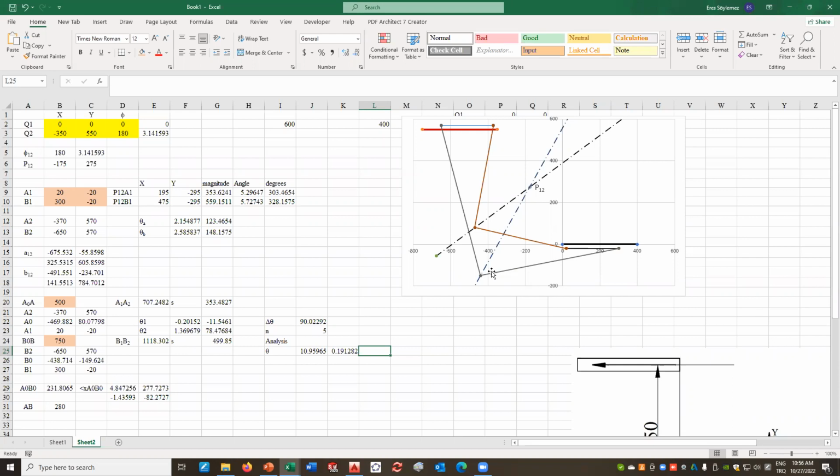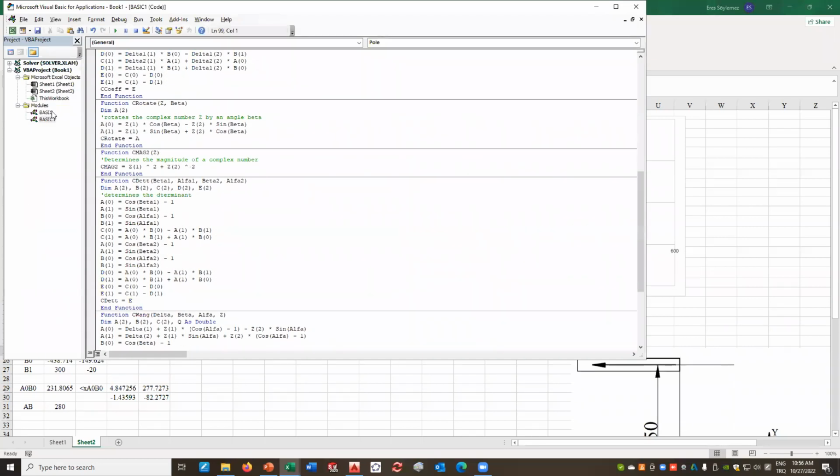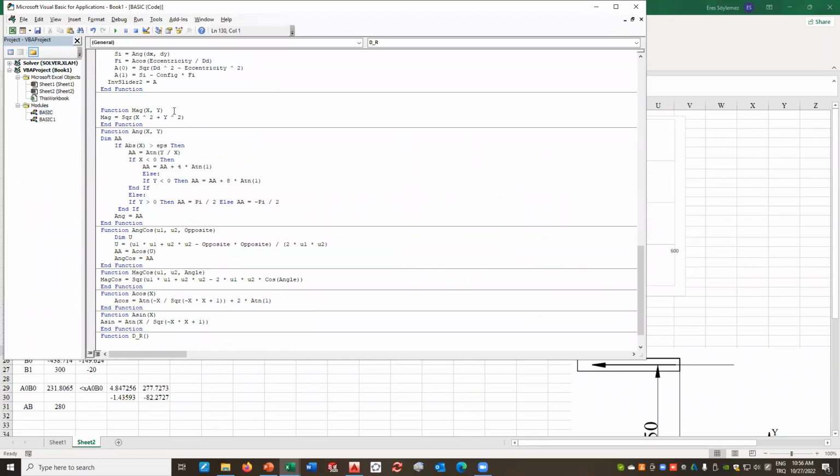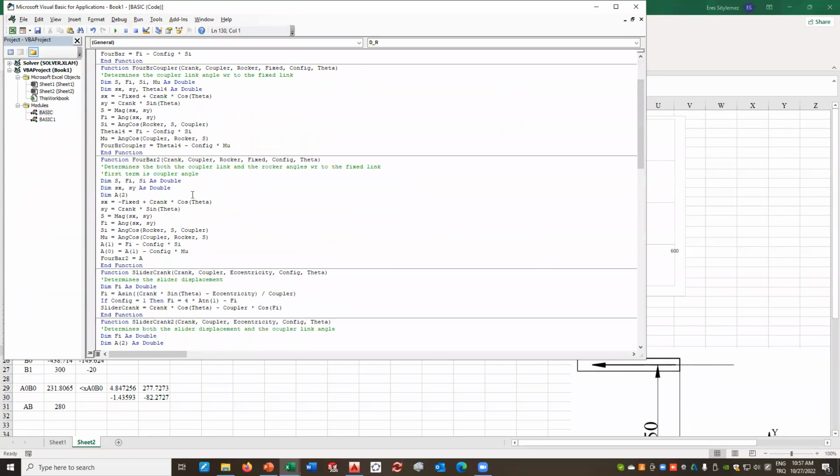Or else, I have shown you the 4-bar function that is available in Visual Basic. Here is the 4-bar function. As I will be using 4-bar 2: crank, coupler, rocker, fix, config, theta.